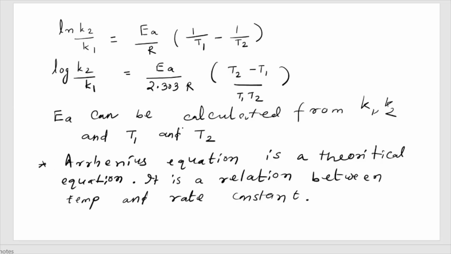EA can be calculated by giving the values K1, K2, T1 and T2.